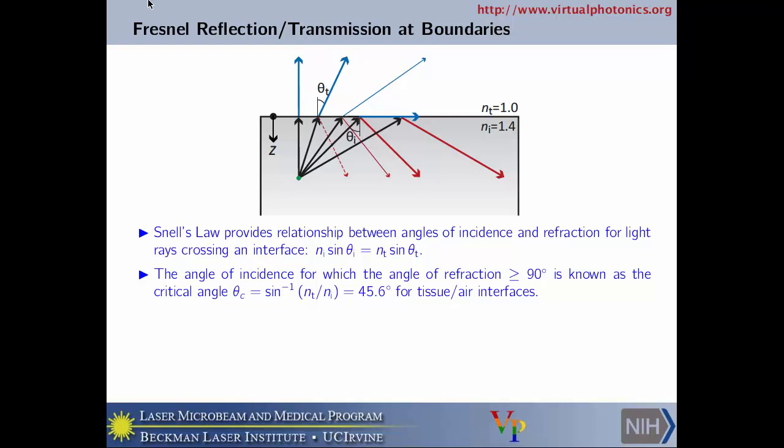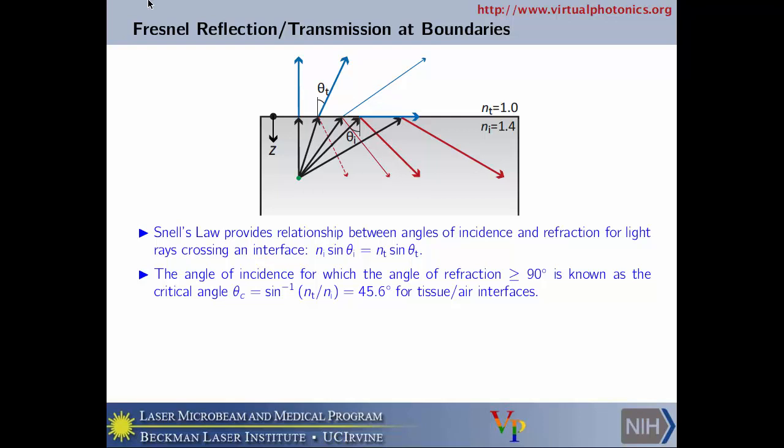So if we're going from tissue into air, light that propagates only at angles up to the critical angle has a chance to escape, and those incident at angles greater than the critical angle get totally internally reflected. And that's something one has to consider when dealing with boundary conditions.